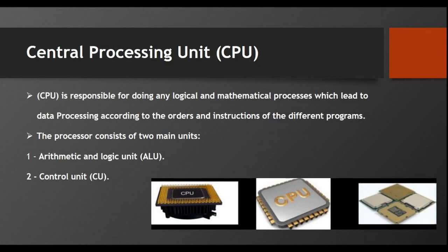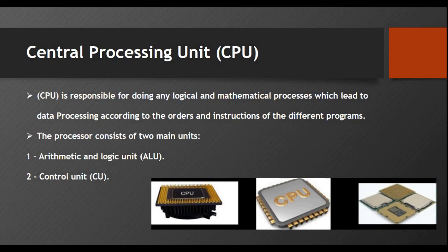Then the Central Processing Unit or CPU. CPU is responsible for doing any logical and mathematical process, which leads to data processing according to the order and the instructions of the different programs. The processor consists of two parts: ALU, the arithmetic and logic unit, and the second part is CU, the control unit.